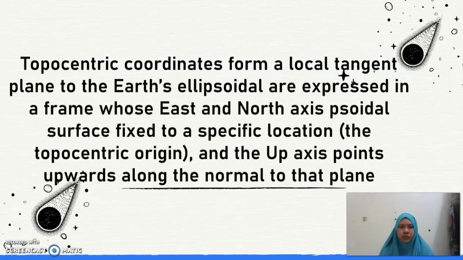The topocentric coordinate system is formed from a local tangent plane to the Earth's ellipsoidal surface, for a specific location. The topocentric origin's up axis points upwards along the normal to that plane.